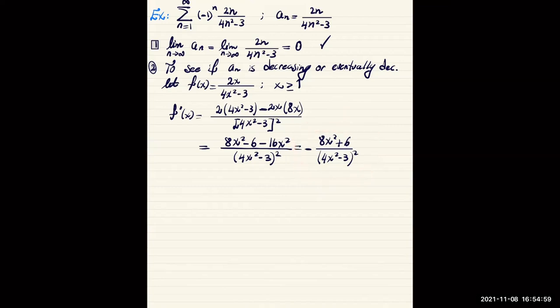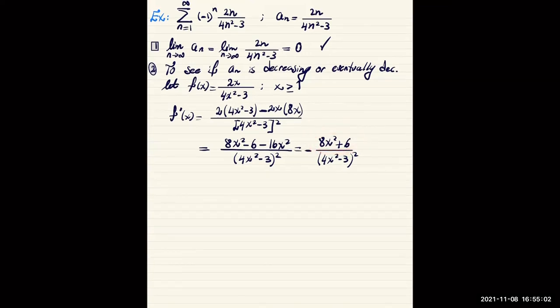That's because the top is the sum of a perfect square and 6. X squared is never negative, it is non-negative. Add 6 to it, and the whole thing on top is always positive. The denominator has a square, so that whole thing is always positive. You have a positive over a positive with a negative in front, which makes the whole thing less than 0. And that is going to be true for all x.